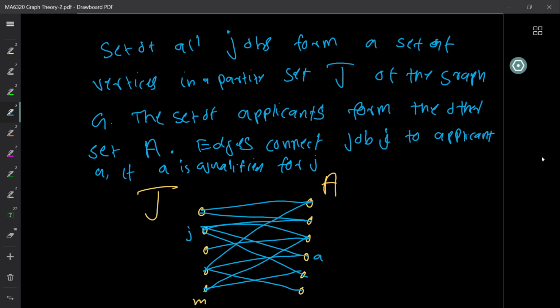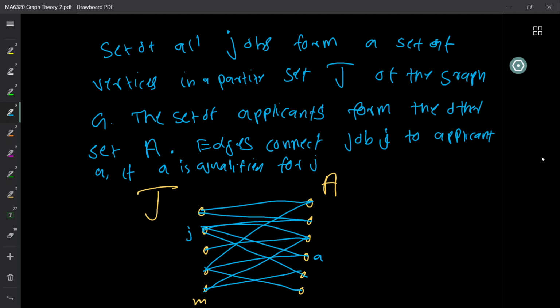Then an edge connects a job J to an applicant A if the applicant A is qualified to do the job J. So now we have a graph, and this will be bipartite because the edges will only go across between job and applicant.